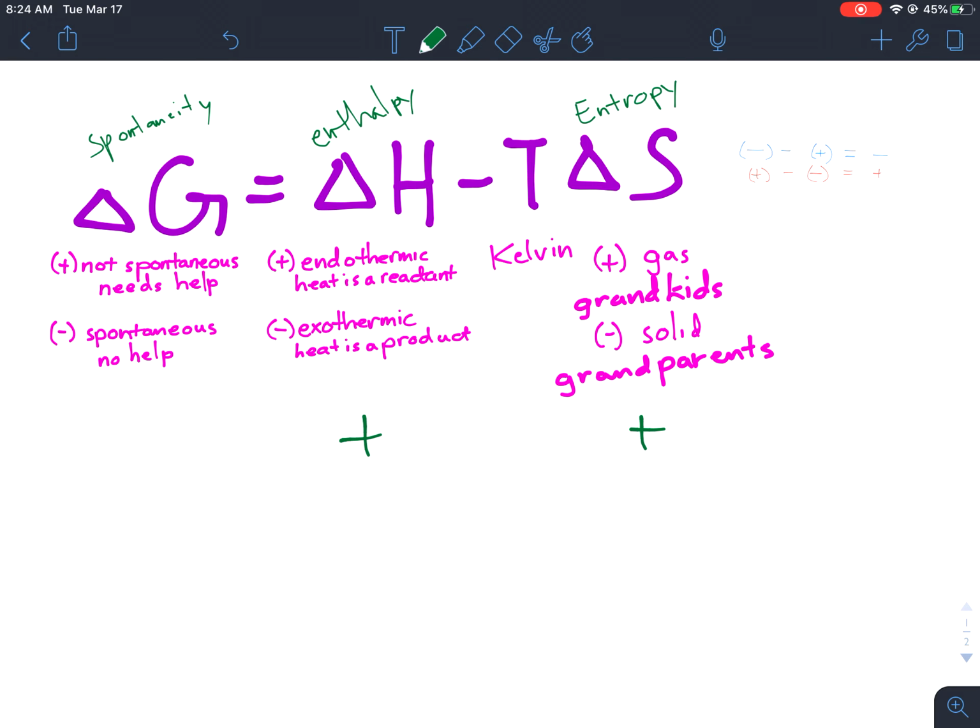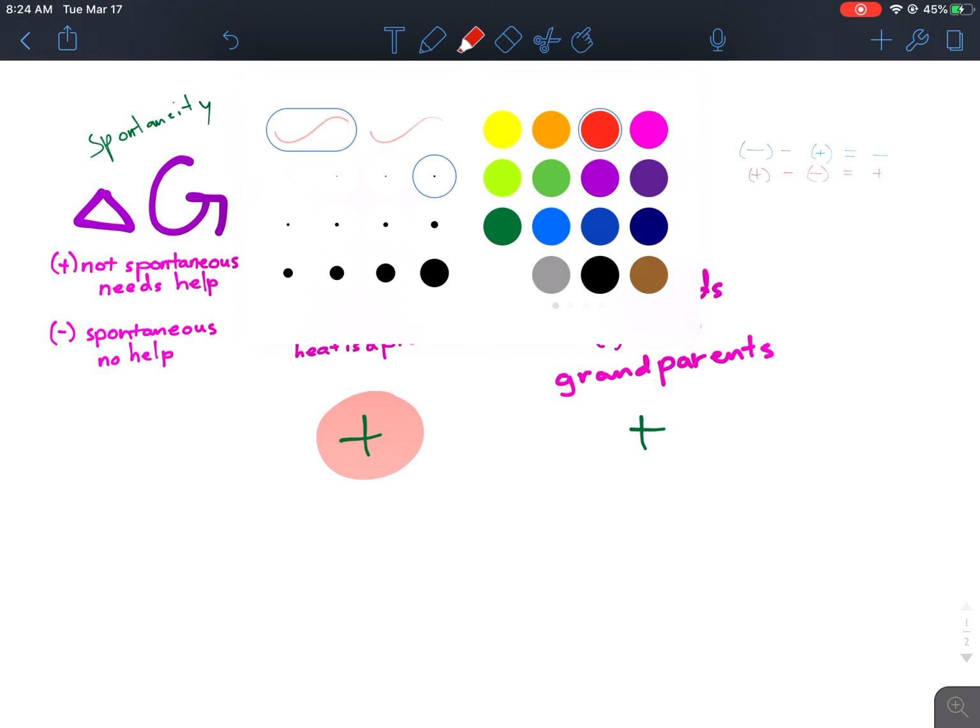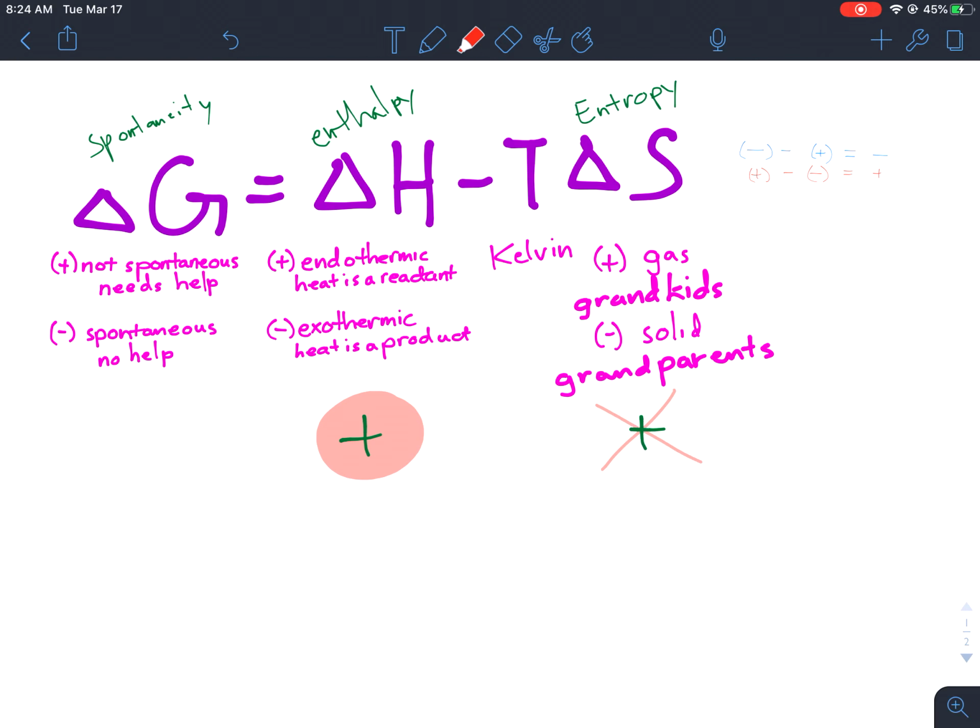If you have a positive delta H that's bigger than your T delta S, it'll cancel out the T delta S, but that is only if your T is really small.